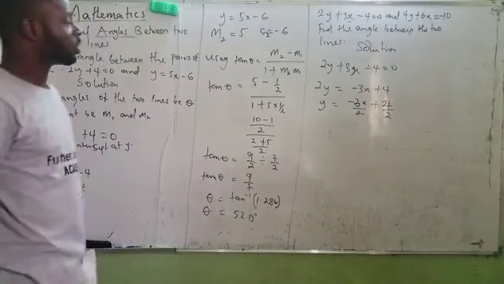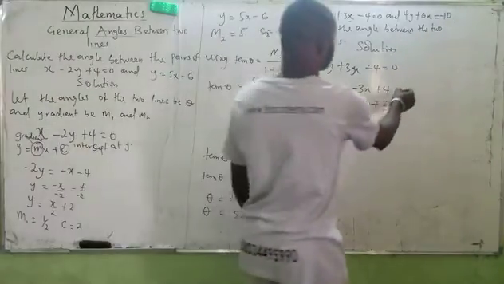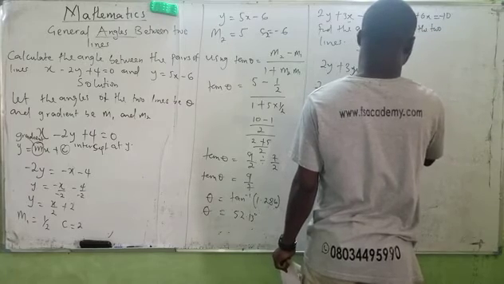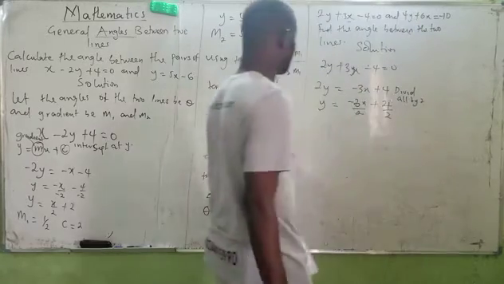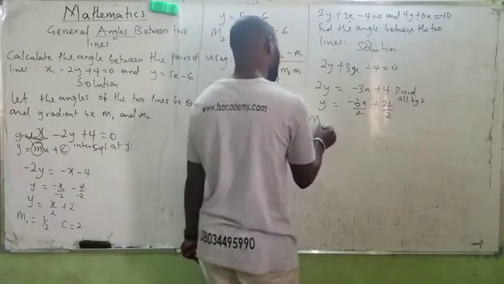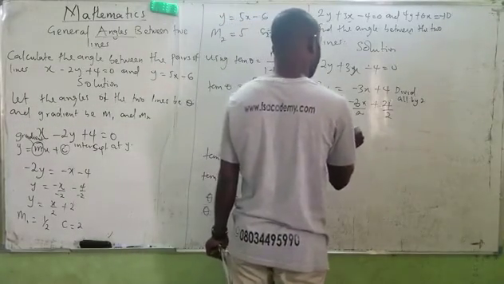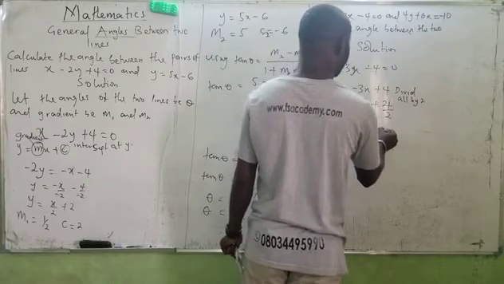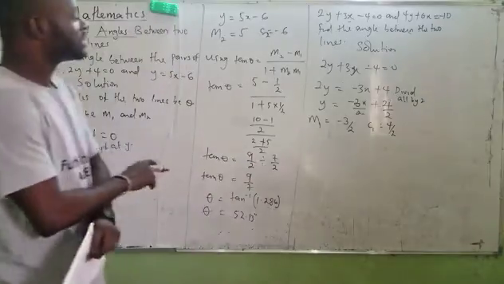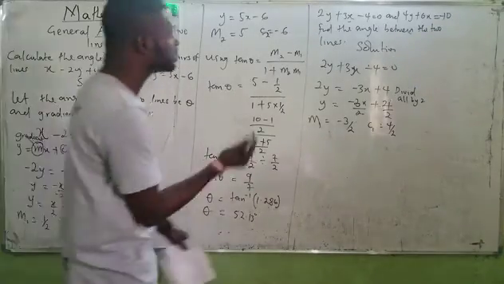Now, I divide all through by what? By 2. Now, since I have this, it means my m1 equals to minus 3 all over 2. My c1 equals to 4 all over 2. That is number 1.